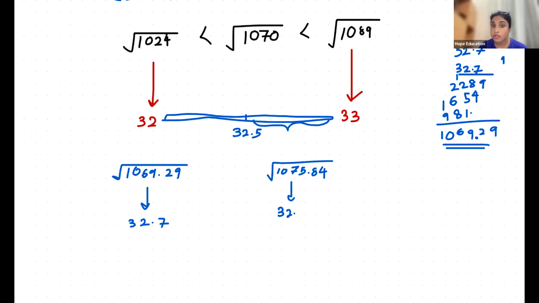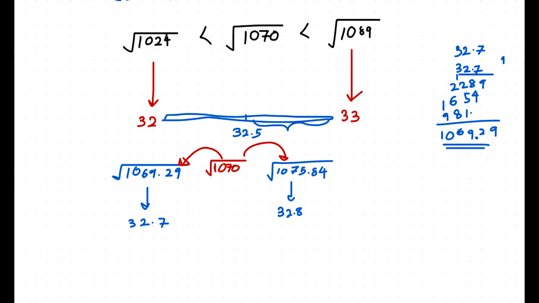Now our 1070 is between these two. My question now is, is it closer to this or this? Is it closer to 1069.29 or 1075.84? 1069.29.